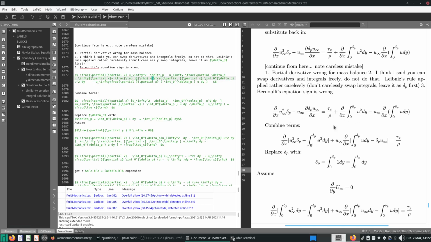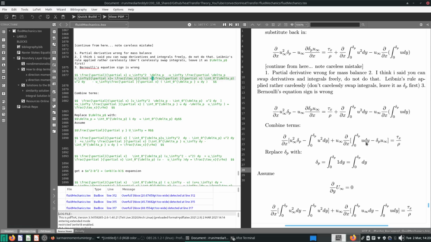Now notice we can also do the same for u infinity del by del x delta p u infinity and this integral term on the right, because the coefficient of the derivative is u infinity. When you add u infinity del by del x integral of u dy to both sides, you will have a positive term here on the left hand side, and delta p u infinity will still be negative.